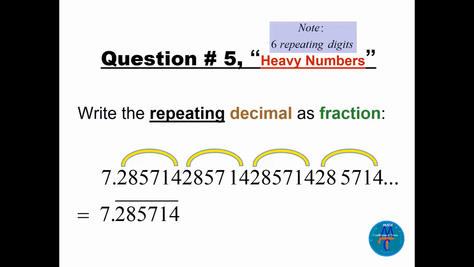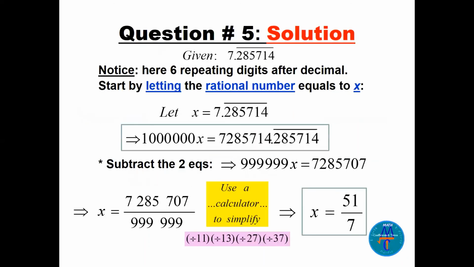Let's see, how many numbers are in the repeated part here? We have 6 numbers, 285714 repeated. So I multiply by 10 to the power 6, which is 1 million.